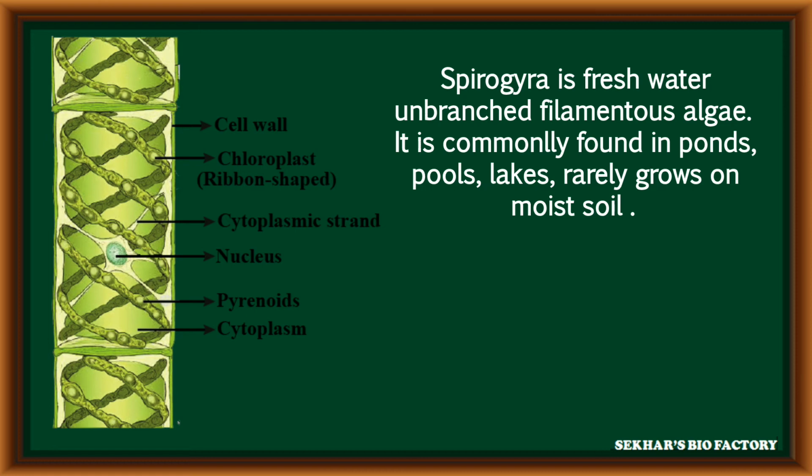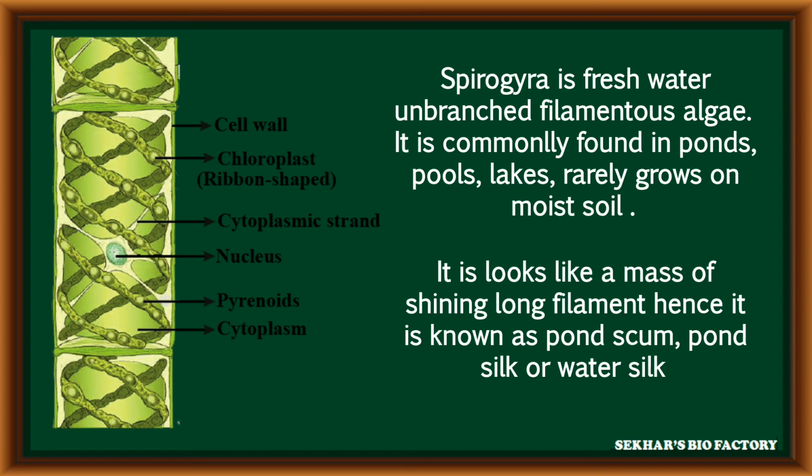It is generally present in ponds, pools, lakes, and rarely grows on moist soil. These filaments look like a mass of shining long filaments, so Spirogyra is also called pond scum, pond silk or water silk.